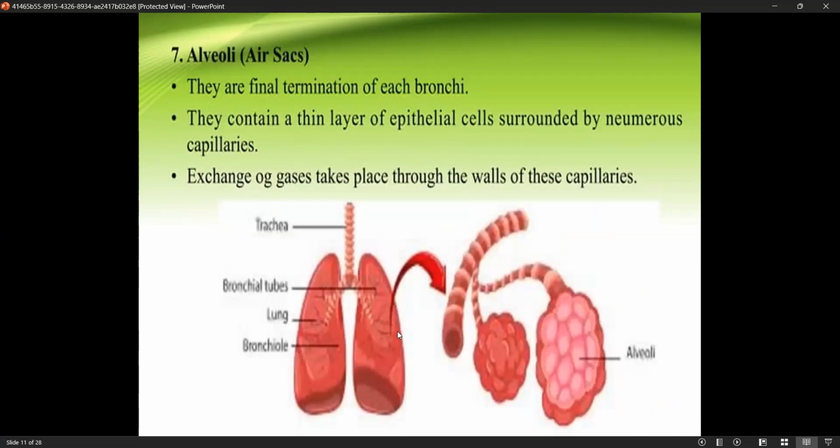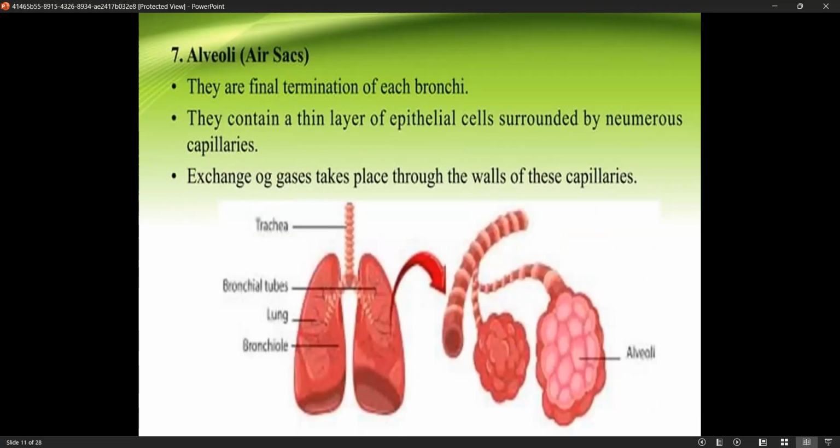Okay, the next structure you can see here comes after the division into primary, secondary, and tertiary bronchioles. They are again attached with alveoli, right? They are the final termination of each bronchiole. They contain a thin layer of epithelial cells surrounded by numerous capillaries.